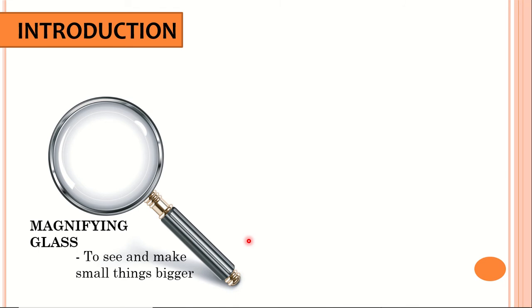I have two objects that I am going to present to you. First is this. What do you call to this object? Very good. This is a magnifying glass. And what is the use of this object? Very good. To see and make small objects bigger.